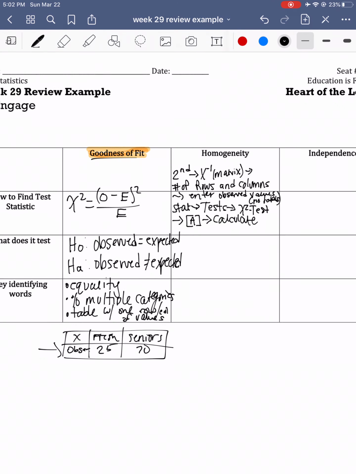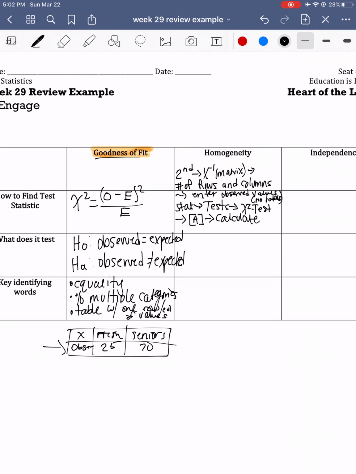The second box here: what are we testing for? Really we're testing for similarity between our categories. Again, that prefix homo means same, so that's why we're looking for similarity. So our null hypothesis is always that the categories are similar, similar hair length versus height or something like that, or gender, whatever it may be.